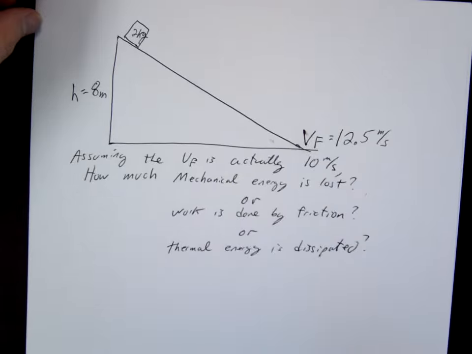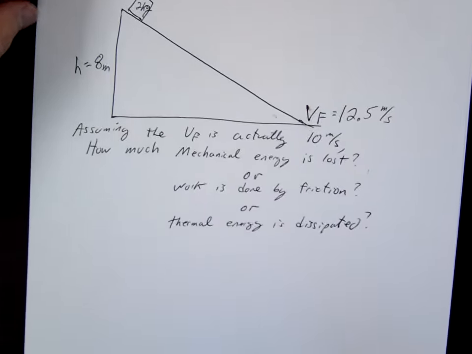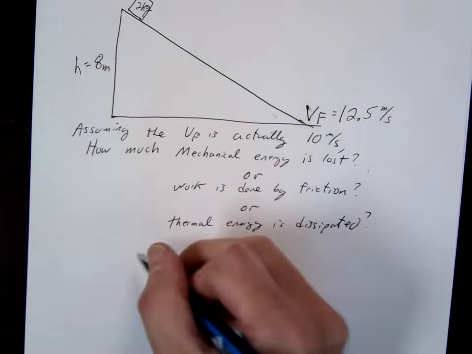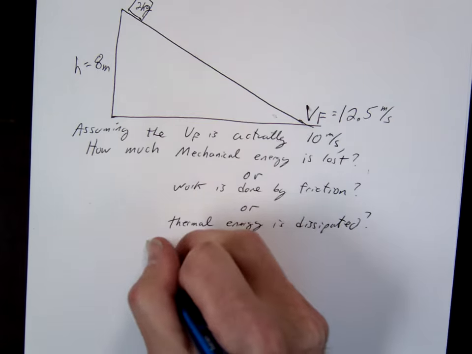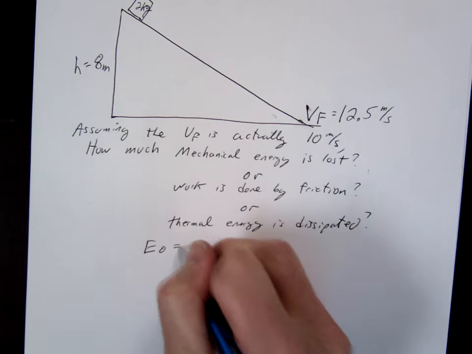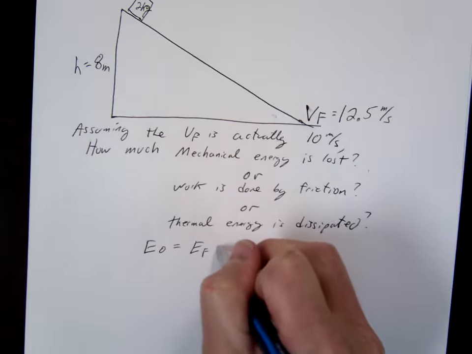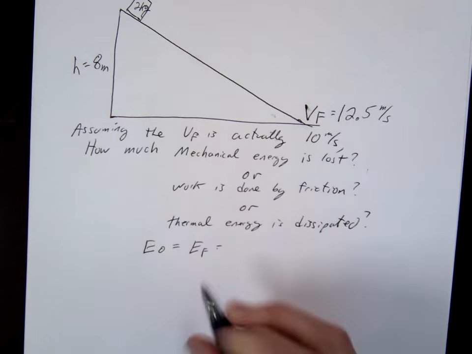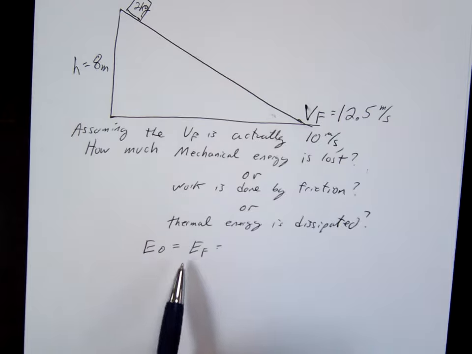So how are we going to figure that out? Find the kinetic energy of both the velocities, and then you subtract the theoretical by the actual. Okay, so we're going to go E initial equals E final, right? Sounds like you guys are on the right track. So what kind of energy did we have at the very beginning?